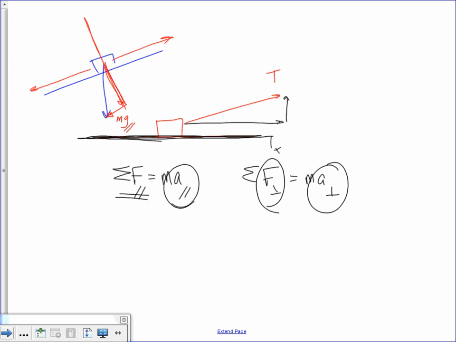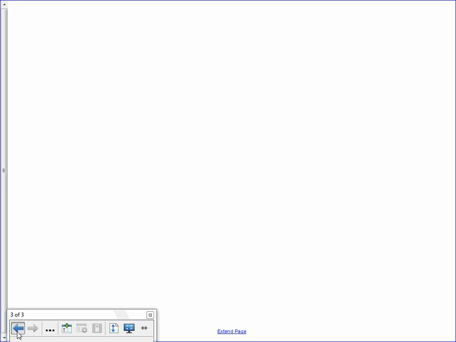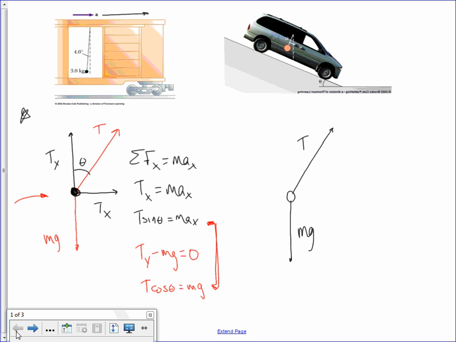So the big question you have to ask yourself when trying to figure out which thing to break up into components is, what direction does the object accelerate? We're given that right here. It accelerates horizontally. So that means we break things that aren't horizontal or vertical up into horizontal and vertical components.